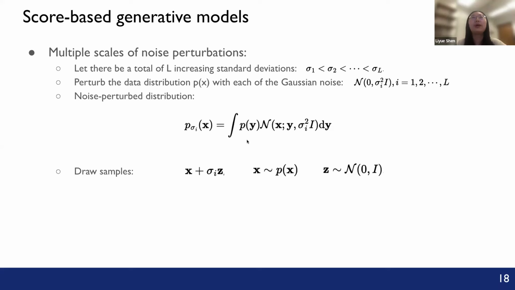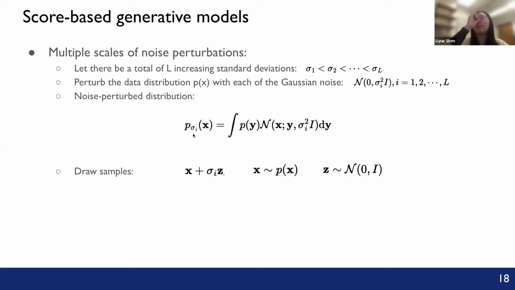And this will give us the noise perturbed distribution noted as p_sigma_i with the different noise scales sigma_i. Note that this distribution is not exactly the same as the original distribution p(x) because of the added Gaussian noise.